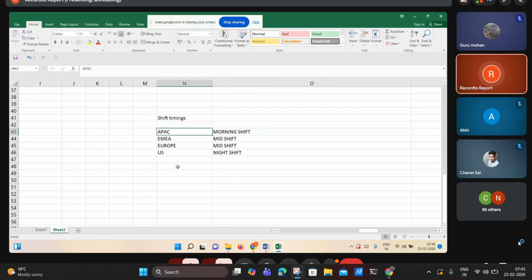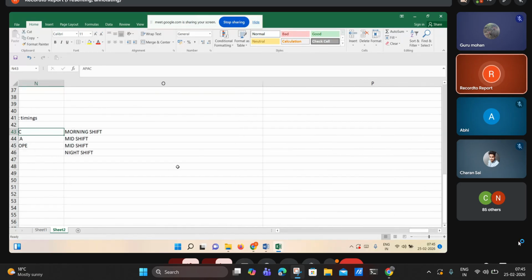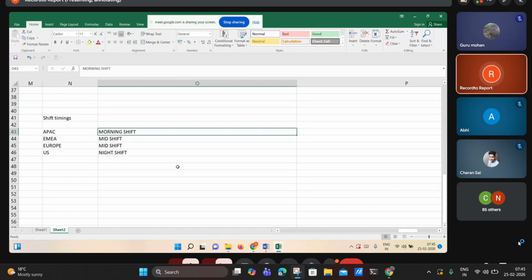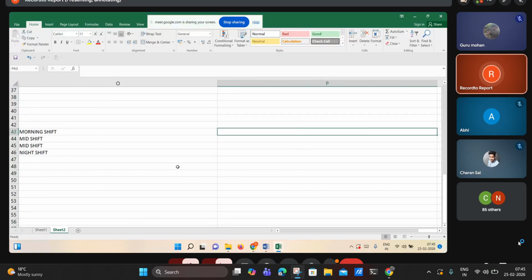Okay, so while applying for jobs, if people are not interested in going for night shift, don't apply for that case. So APAC shift covers various countries like China, Taiwan, India, Indonesia, Singapore, Malaysia, Japan, etc. guys.